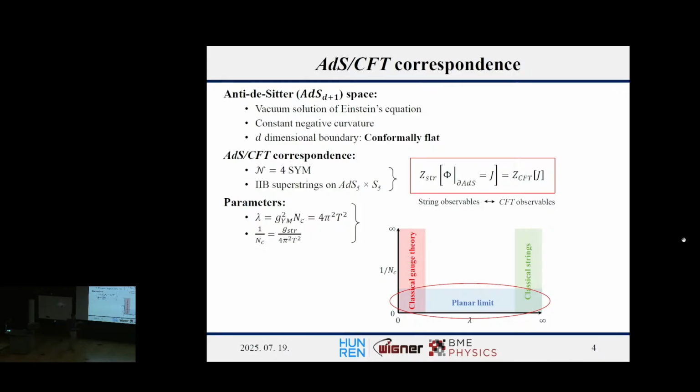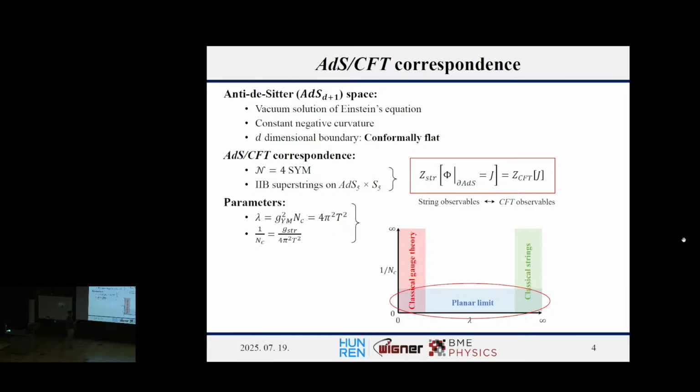So it's okay, but we have several parameters in the two theories. For example, string tension, Yang-Mills coupling, also the rank of the gauge group, since N equals 4 has this nice SU(N) gauge symmetry. After matching everything together, mixing them, you will have effectively two important parameters. One is the rank of the gauge group, or 1 over the rank of the gauge group.